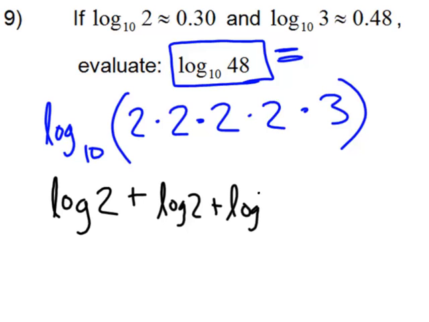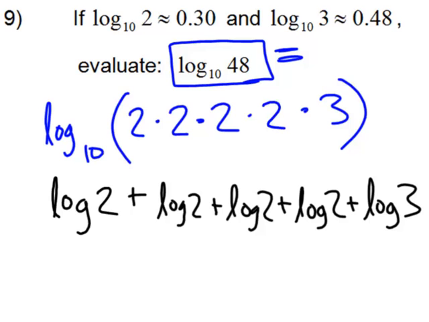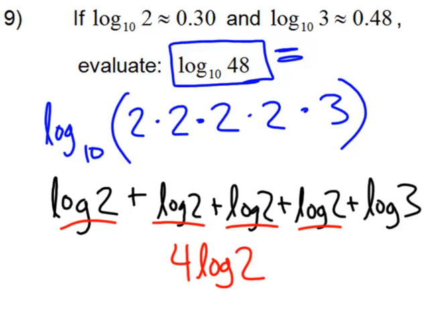And those of you that are familiar with the power property are probably seeing a way that could have come into play here. We have 1, 2, 3, 4 like terms. All of those combine to just 4 log 2 plus a single log 3.